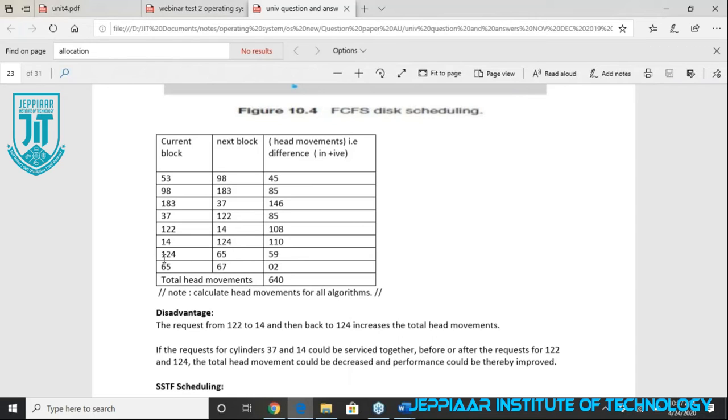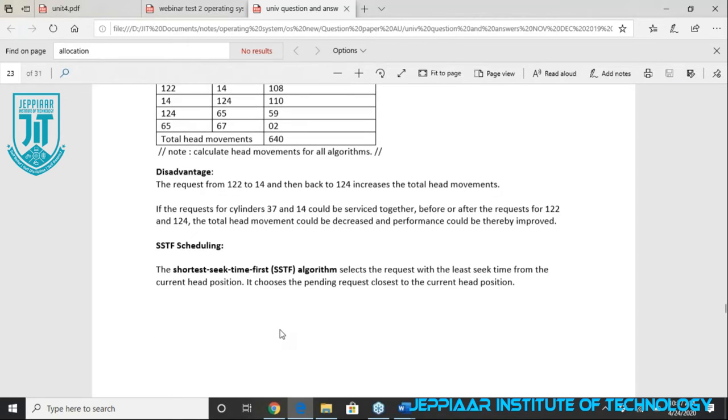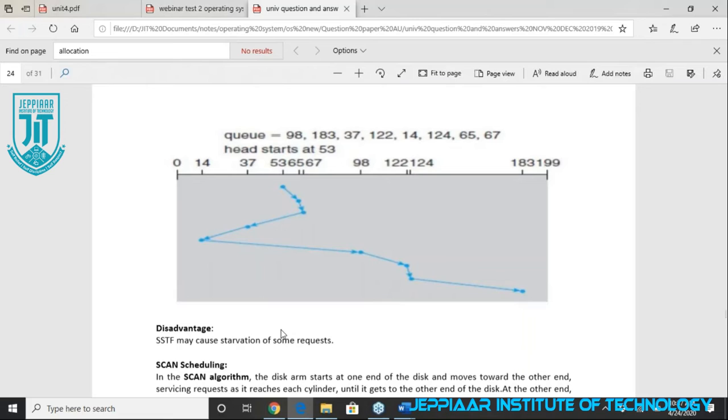We'll go for the next algorithm, shortest seek time first. How does it work? According to the seek time, the request with the least head movement is accessed first. For example, currently my head is at 53, so I start with 53.